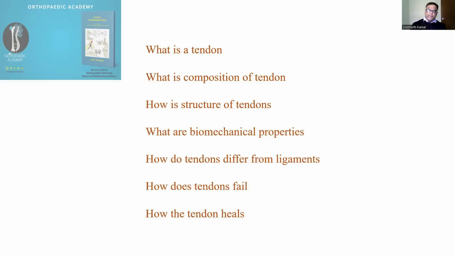What are the biomechanical properties of tendon? Tendon is strong in tension but weak in compression. It buckles down with compression. However, it can take higher loads. It is, however, less viscoelastic than ligament.